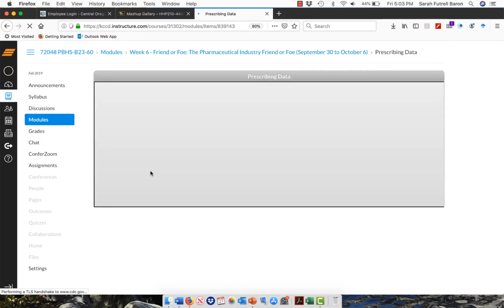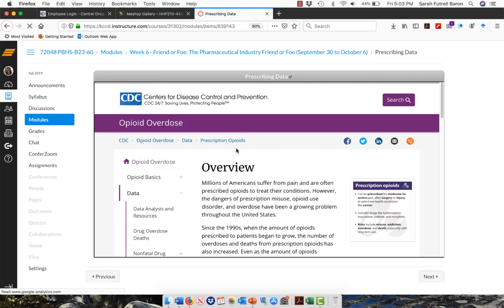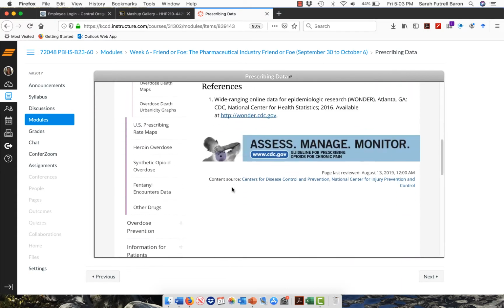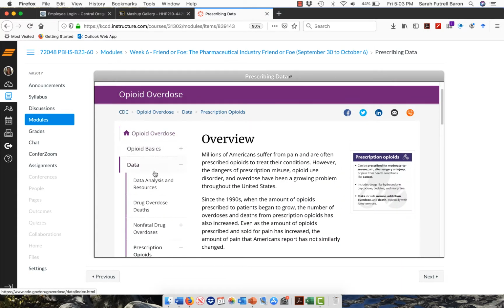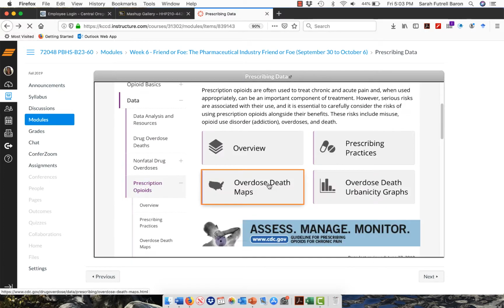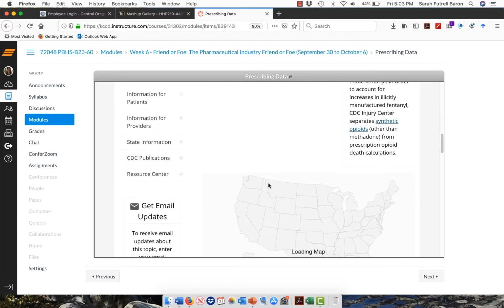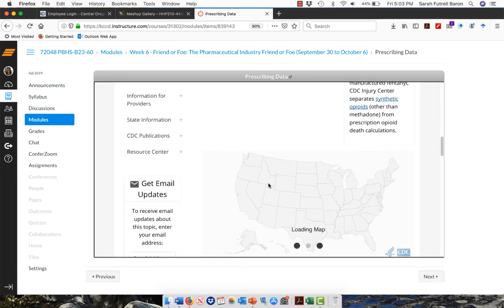This is an actual database that shows an overview of the patterns of abuse in the United States. I think this is fascinating, this overdose map, where you can see where the largest overdoses are in the United States.